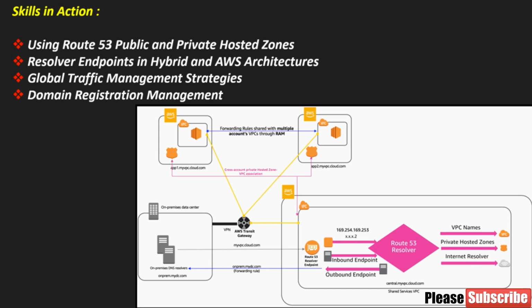As I said, it's connected with optimizing performance, to understand the strategies for implementing global traffic management using Route 53, which is a powerful feature. And domain registration management is an effective and efficient domain management process. Let's explore the functionalities of Route 53 in the context of domain registration, from registration to DNS configuration.